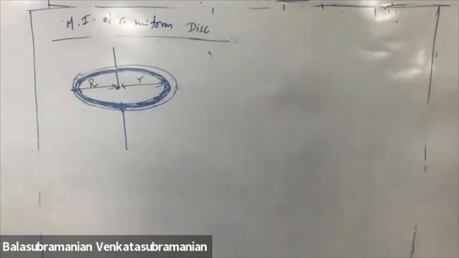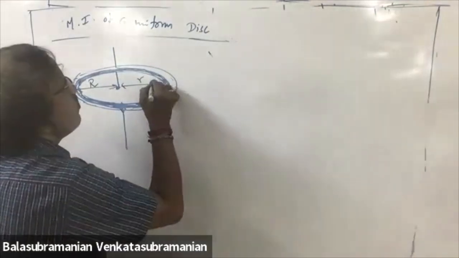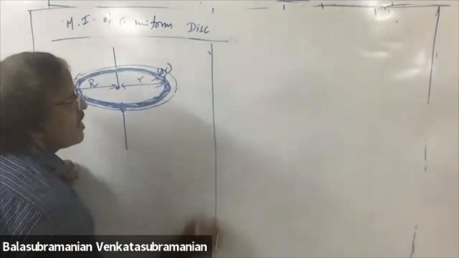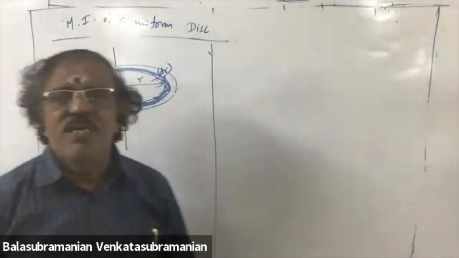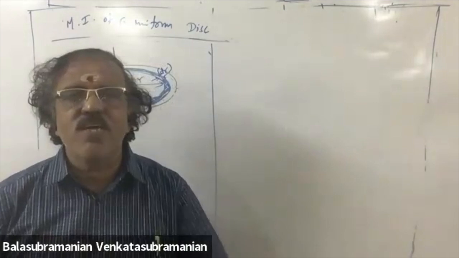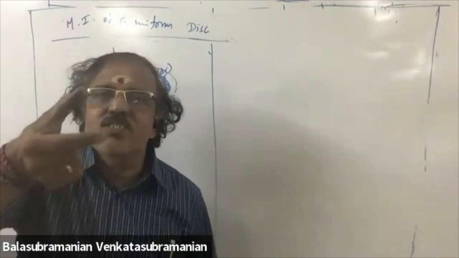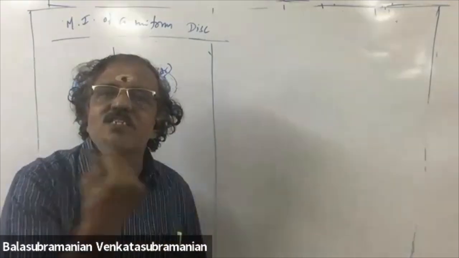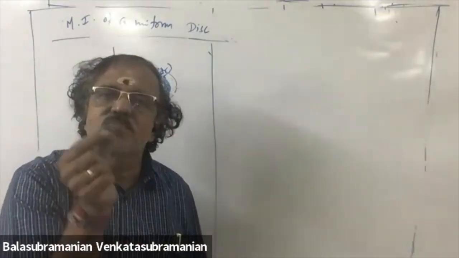What is the thickness of the disc? Let us assume the thickness here is dr. In the case of a ring, we have not taken into account the thickness of the ring. Here disc, it has got some area. So when you consider that small portion, it has got some thickness.